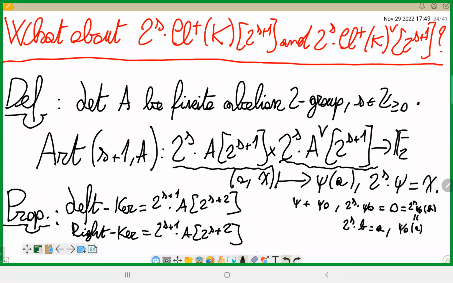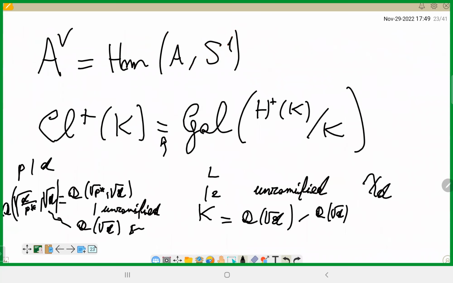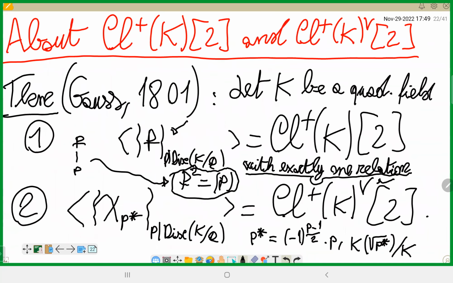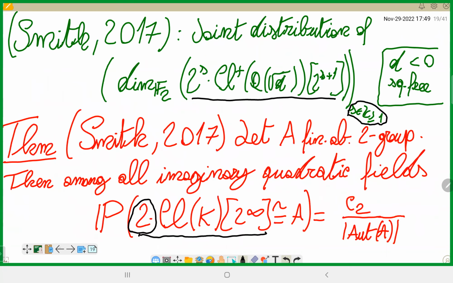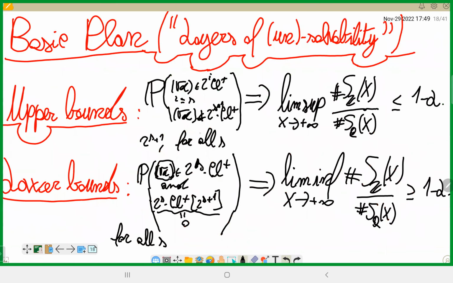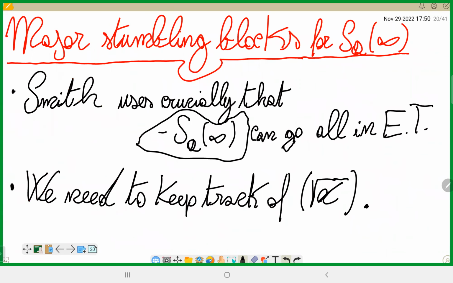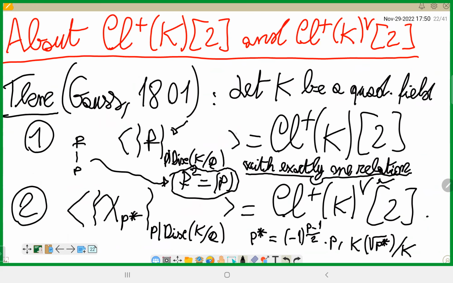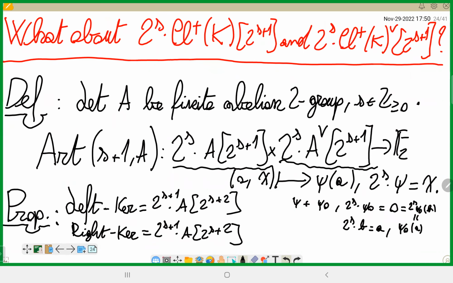It's not hard. So this is a very formal proposition, but it's helpful because, at the end of the day, we want to chase square root d in these spaces. And we have at least a description now by Gauss of the first two spaces. So then we start using this pairing one after the other.